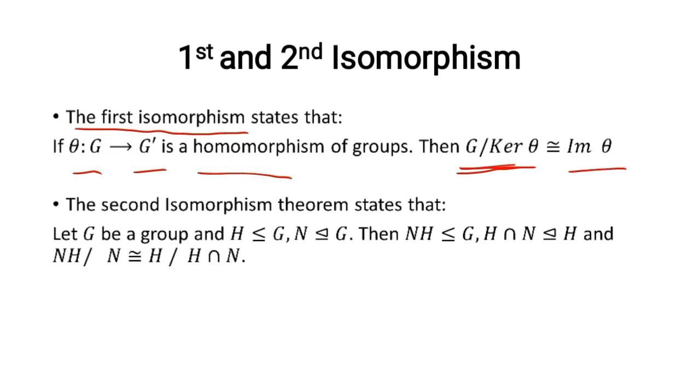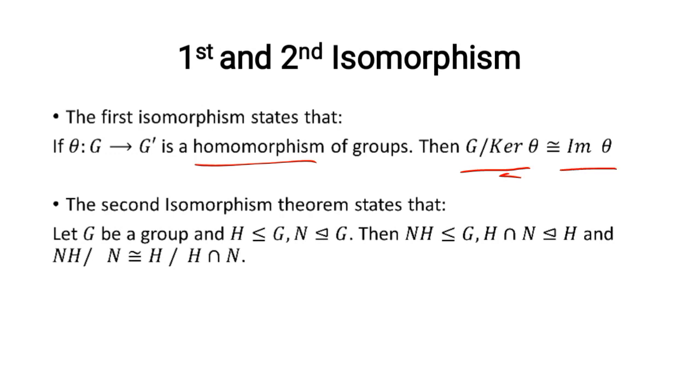Okay, so G modulo kernel of theta is isomorphic to the image of theta. So that's what the first isomorphism theorem states. Then it satisfies the condition that G modulo the kernel of theta is isomorphic to the image of theta.